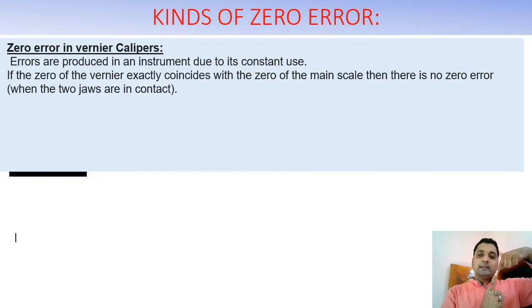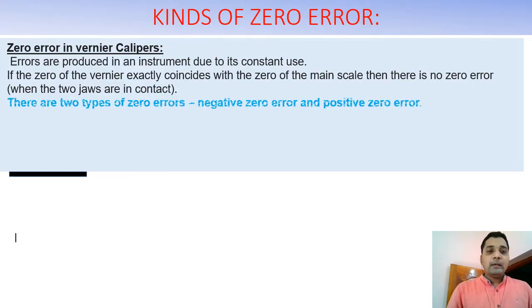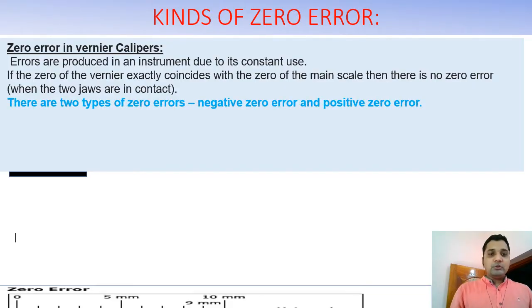If they are coinciding, then there is no zero error. And if not coinciding, then it will remain on either the left side or the right side. So accordingly, we have two types of zero error: one is called negative zero error, one is called positive zero error.